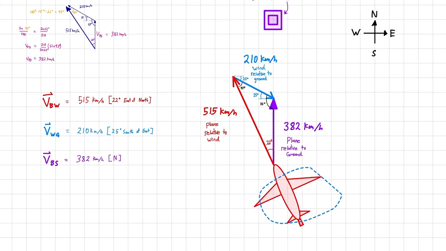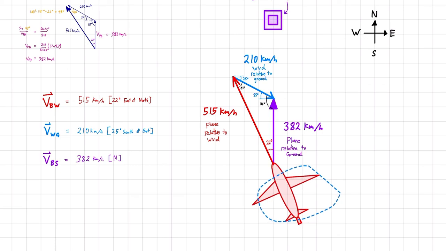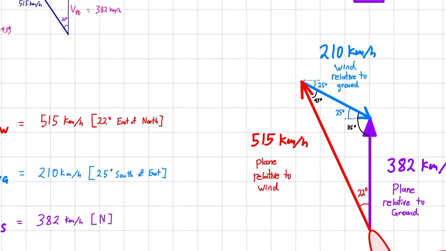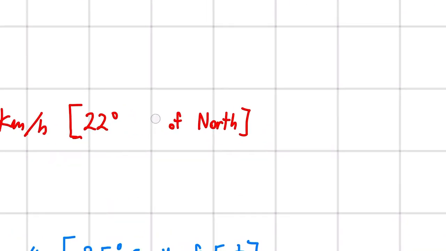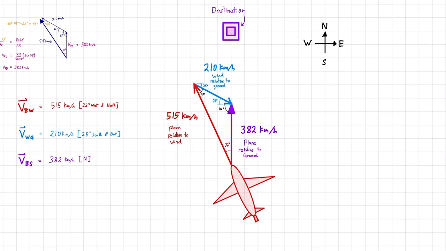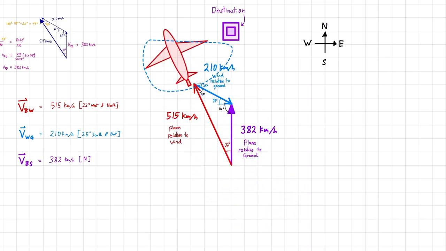So the plane is clearly pointed in the direction of 22 degrees. Sorry, this should not say east, this should say west here. So this is 22 degrees west of north. So our plane is pointed in this direction. And if there were no wind, our plane would just fly this way.